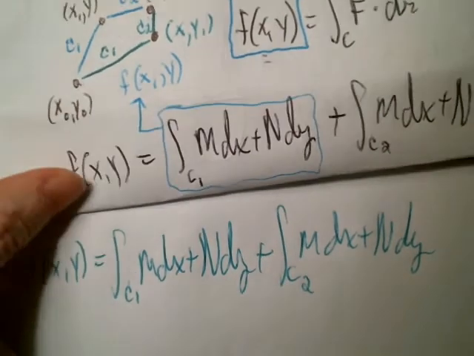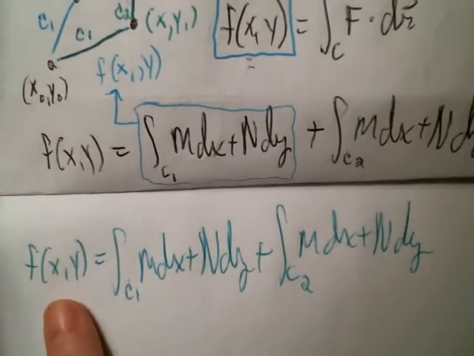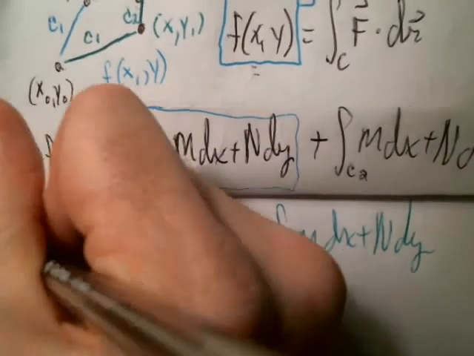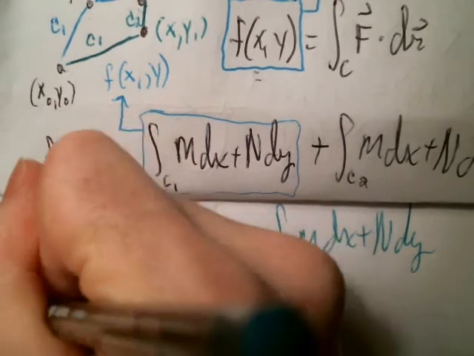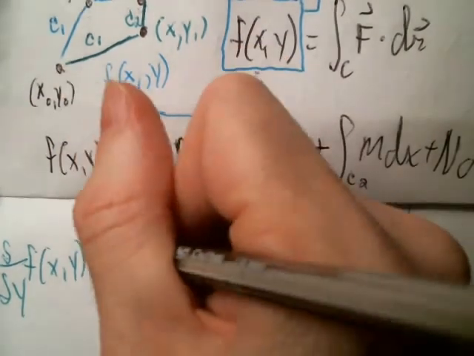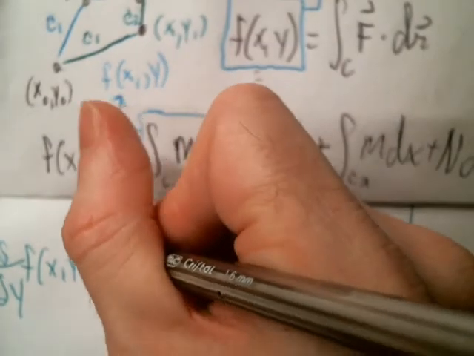And again, we want to take the partial derivative now with respect to y and show that's equal to n. So the partial derivative with respect to y of this thing and this thing.